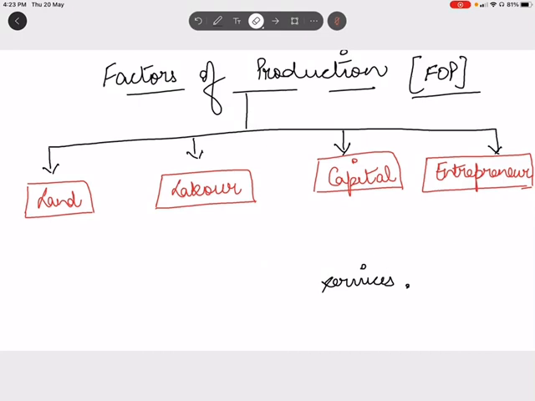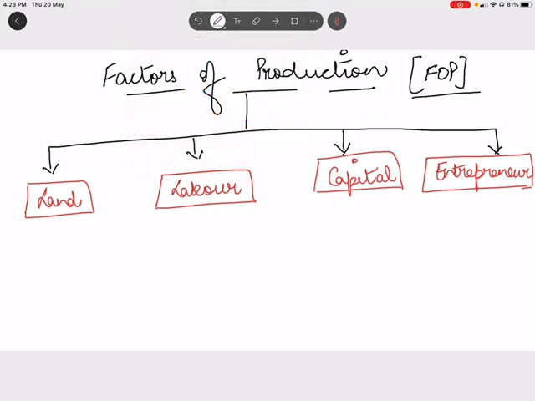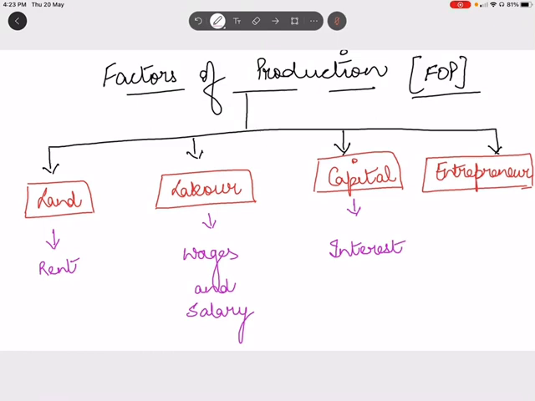Now let's list down the different factor incomes which are associated with the different types of factors of production. For example, land receives rent, labor receives wages and salary, capital receives interest, and entrepreneur receives profit.